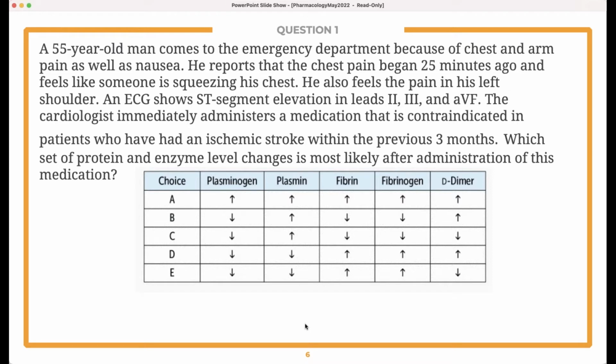In this case, because the table and the information in here is going to be critical for you, we've kept this table up. But what we suggest that you do is you cover up the answer choices when you see that question, and then you read the lead-in first. And in this case, the lead-in is which set of protein and enzyme level changes is most likely after administration of this medication. So that's how we start it.